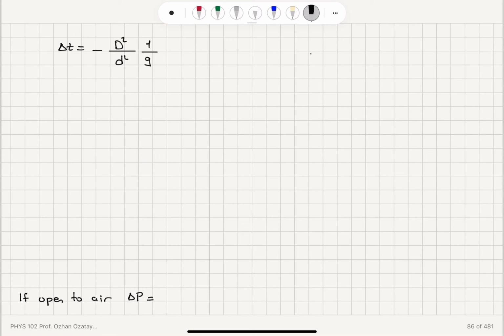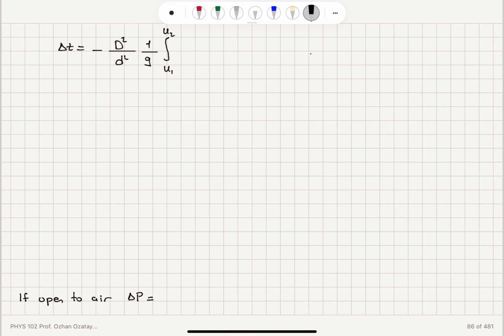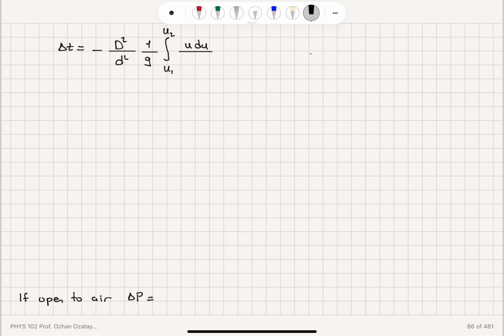Integral between u1 and u2, the u limits. Then I have u du. Remember, dh prime is u du over g. And then I have this expression I called u squared, so to the power 1/2, it becomes u. So u's will cancel, and I will be left with integral of du, which is u.